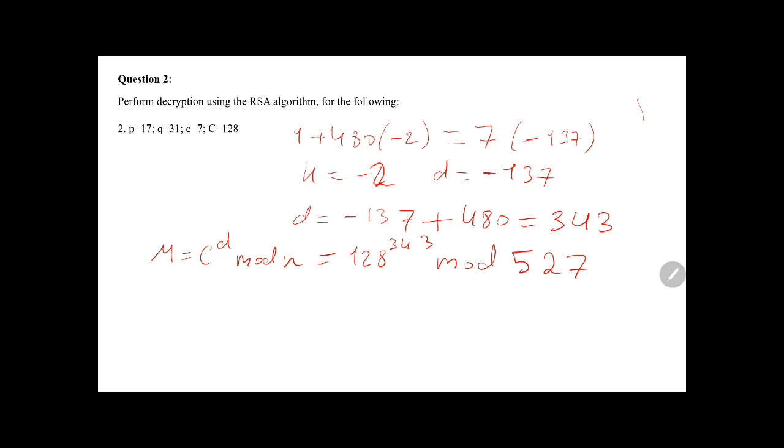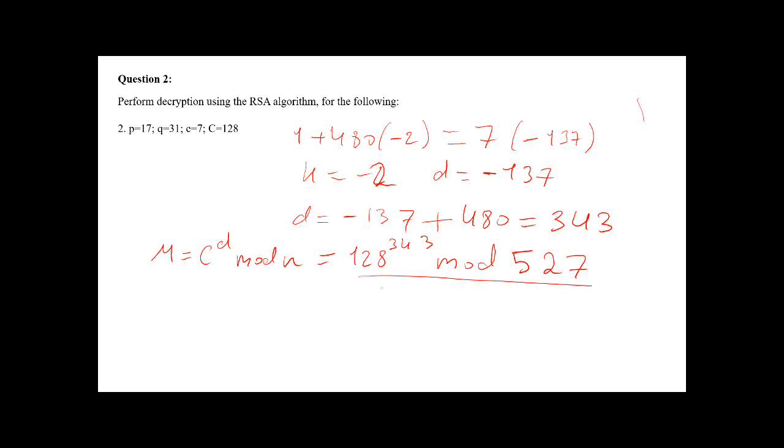So what do you think we do here? Obviously it's extremely hard to solve such a huge equation. So we do just as we did in the last one. We split this into smaller modulus equations.